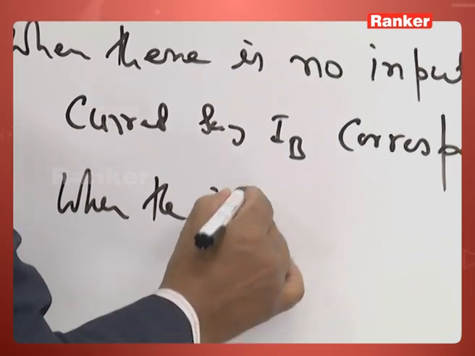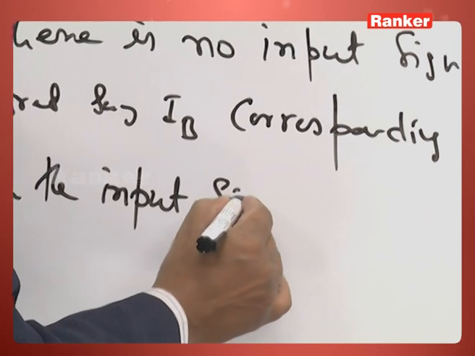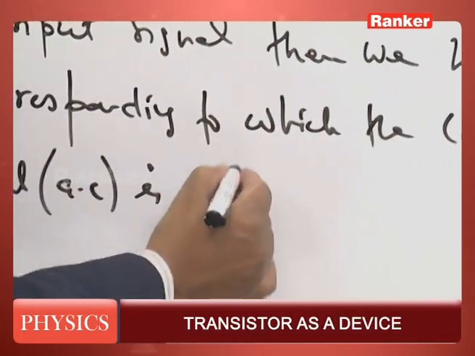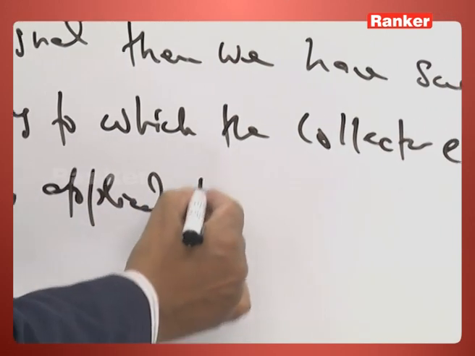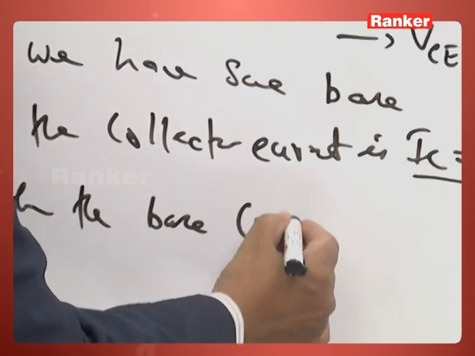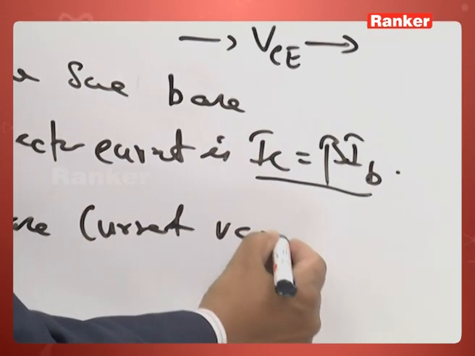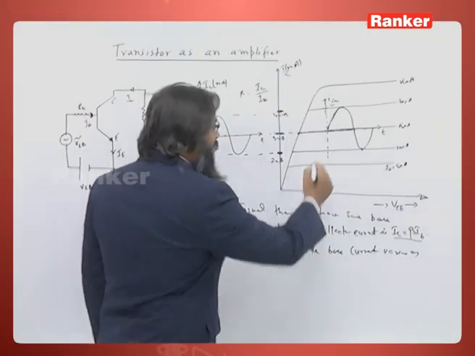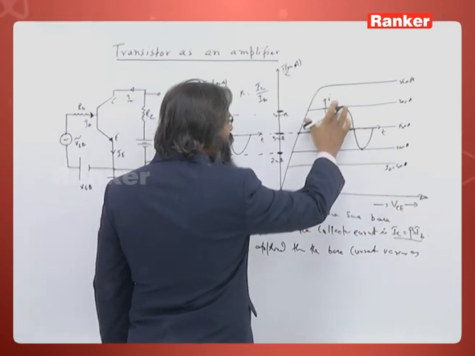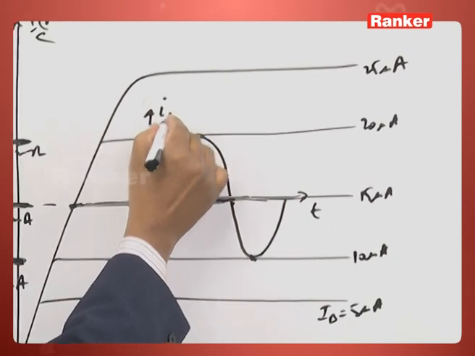Now, when the input signal, that is the AC signal, is applied, then the base current varies, as you see, this is the variation of the base current. Let us call this IB, base current.